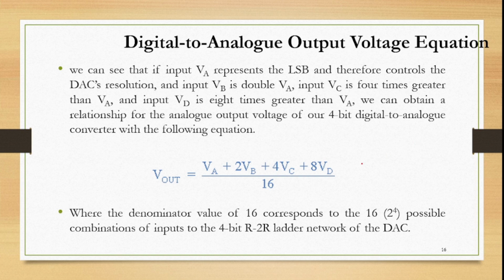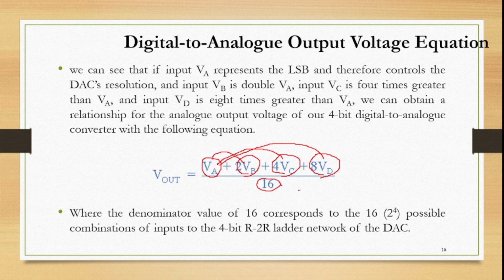VA will be the same as it is, double for VB, 4 times for VC, and 8 times for VD. So we can see it is 2 times VA, 4 times VA, and 8 times VA. So we are getting VA plus 2VB plus 4VC plus 8VD, divided by 16.